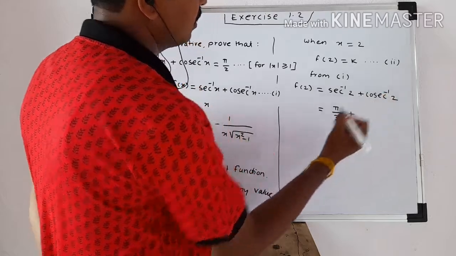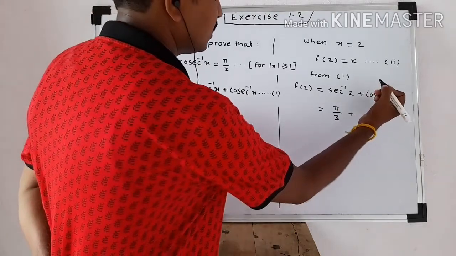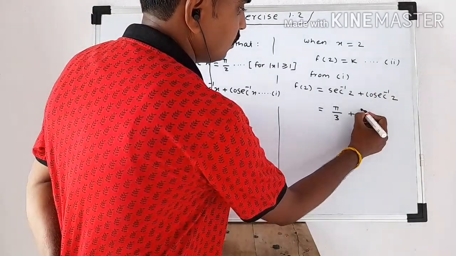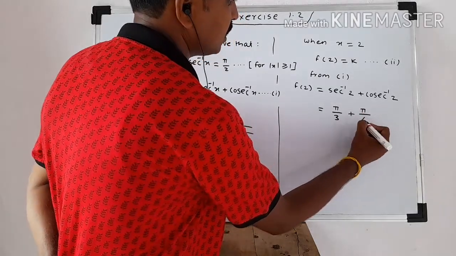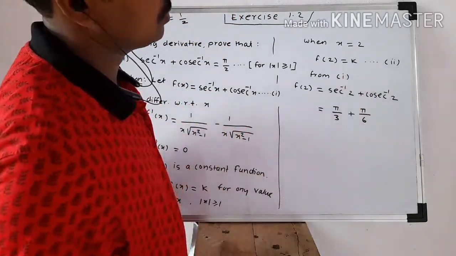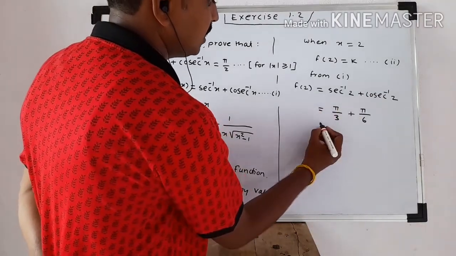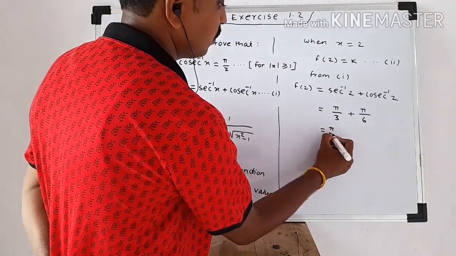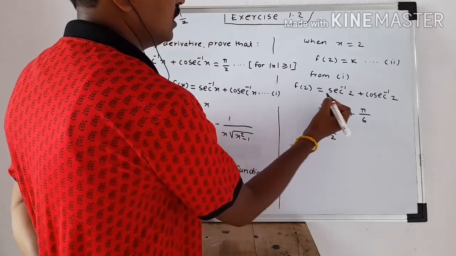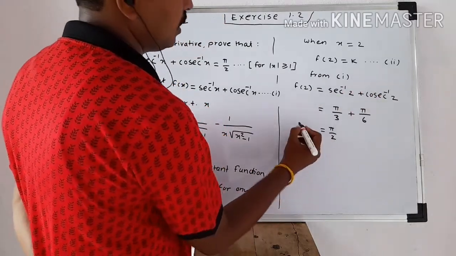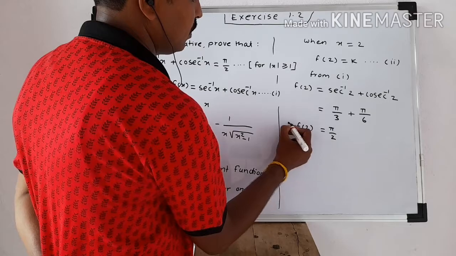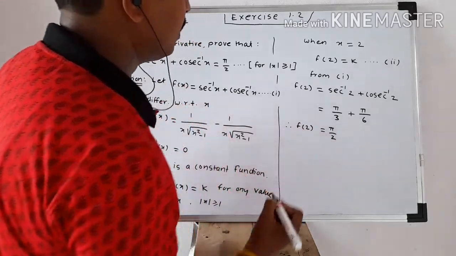In a similar manner, for pi by 6 the sine value is 1 by 2, therefore cosec inverse of 2 is pi by 6, and pi by 3 plus pi by 6 is equal to pi by 2. That means 60 degree plus 30 degree is equal to pi by 2. Therefore f of 2 equal to pi by 2.